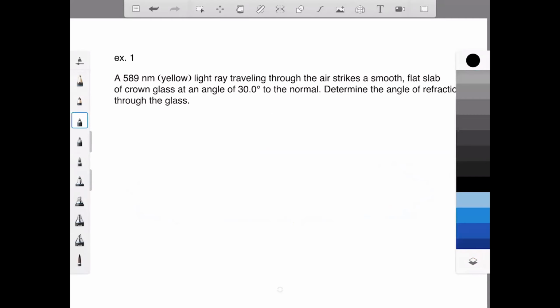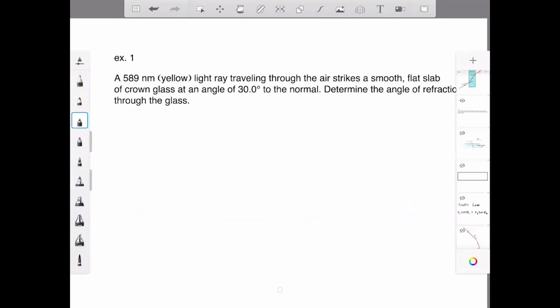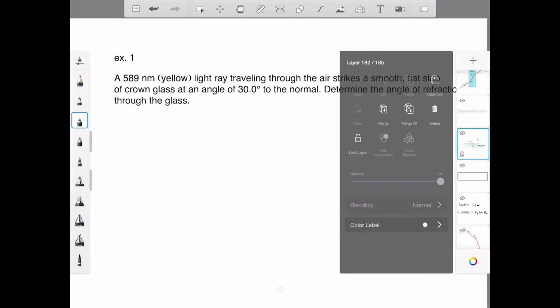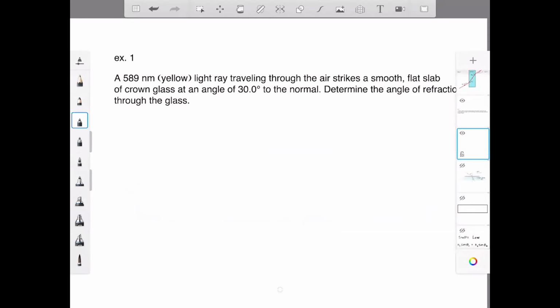Okay, here we go. So here's what we know. Again, we know that theta 1 is 30. We know that N1 is approximately 1.00. We know that N2 is 1.52. We want to figure out what theta 2 is.